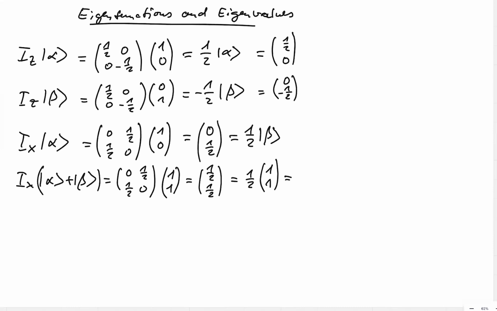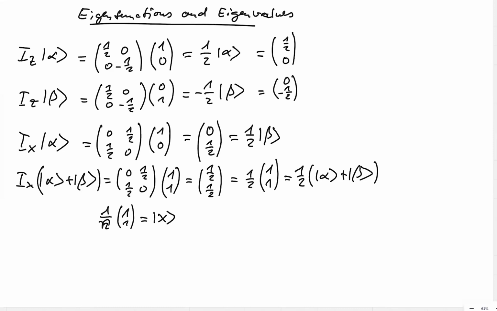So it's 1/2 times alpha plus beta. And we do a normalization of this vector, because the norm squared of this vector is actually 2. It's 1 squared plus 1 squared equals 2. And so when we now use the state 1 over square root of 2 times 1, 1, then we call this simply the x state.